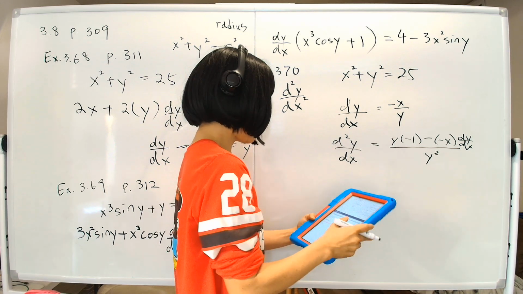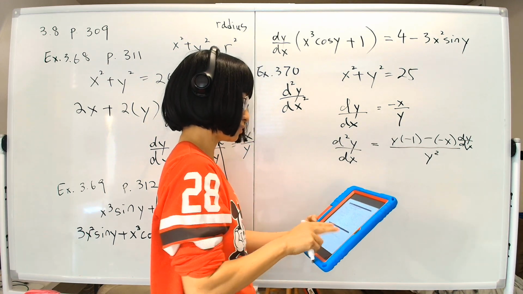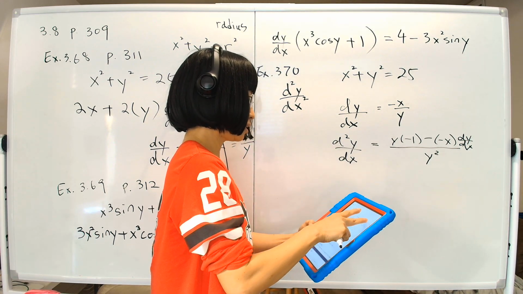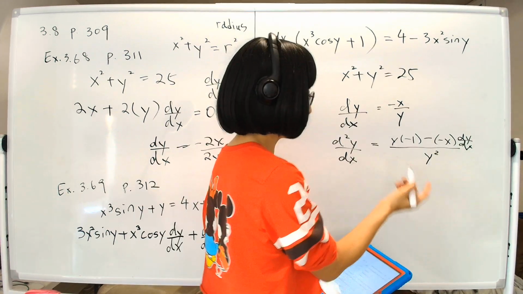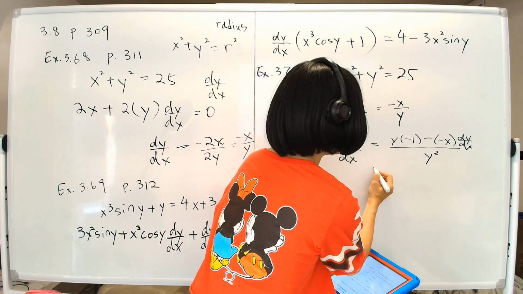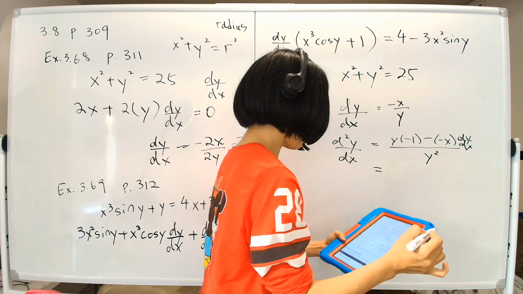That should be the quotient rule. Now moving along, we got this thing out, and now we will clean it up a little bit, which is minus y.